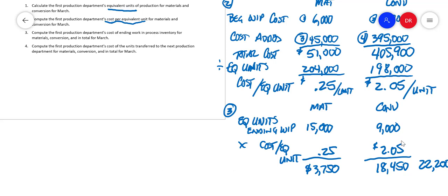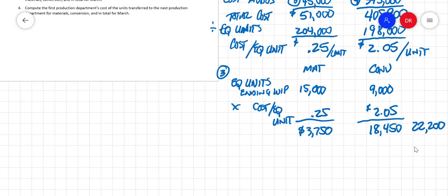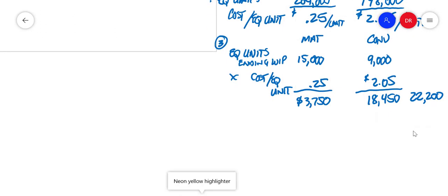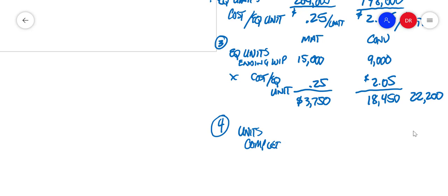Then they want us to calculate the cost for the items that were transferred out. So for number 4, we're going to calculate the cost for items transferred out. So we have units transferred, well, completed. I'll just say completed, it's easier. And transferred. We have materials, 189,000 units.